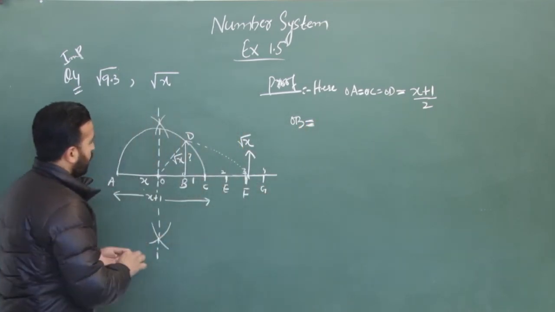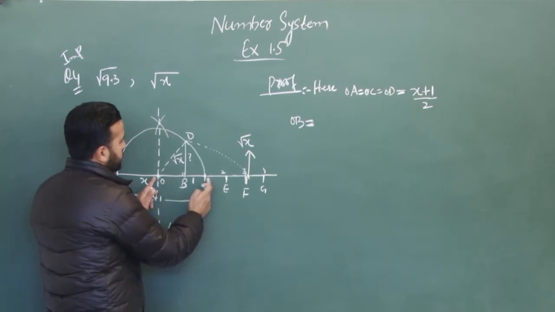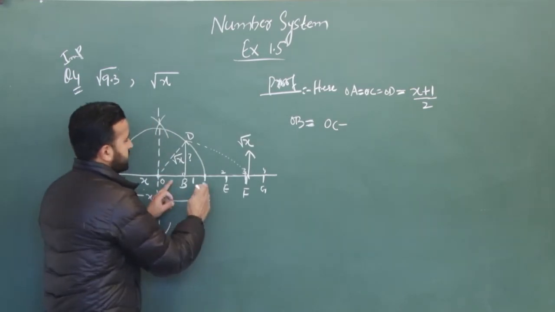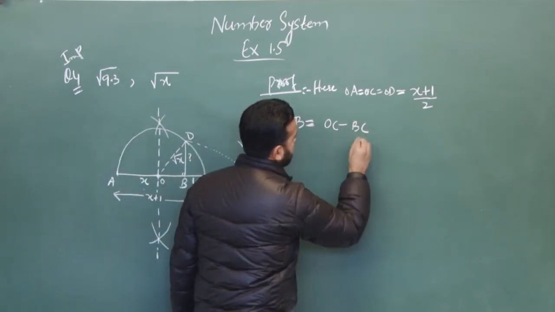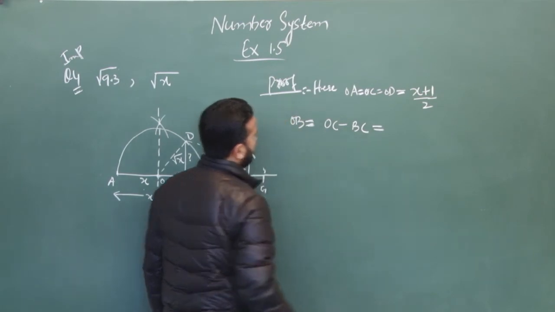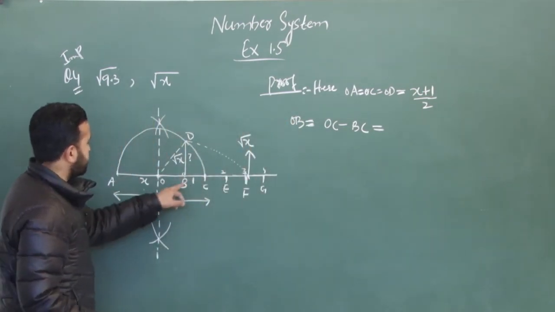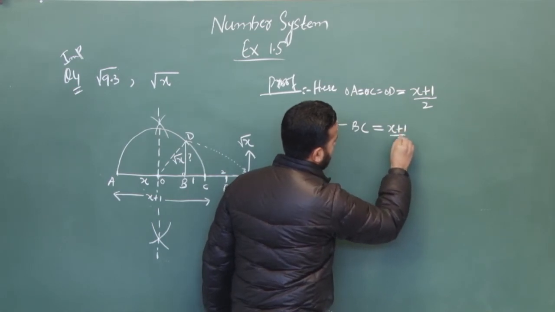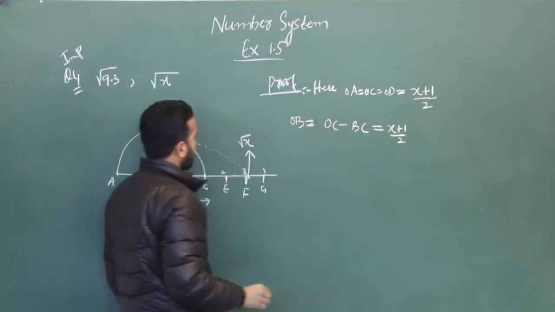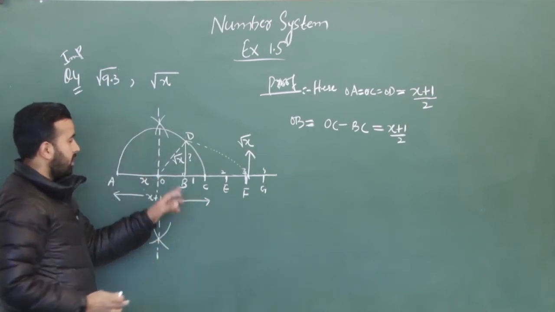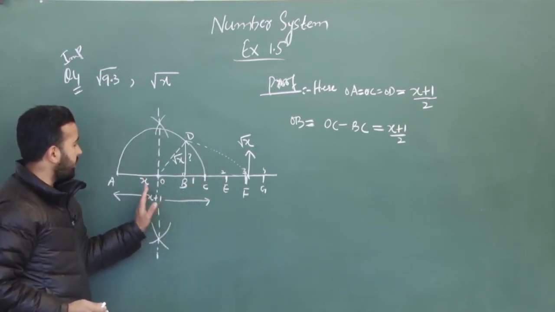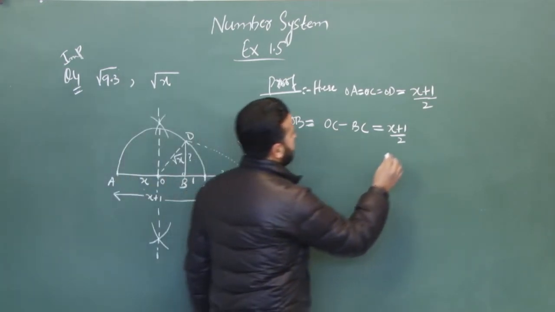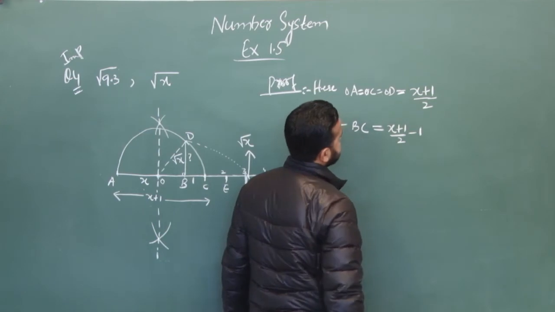You can see OB is simply OC minus BC. OC we know that is x plus 1 divided by 2. And what about BC? As we extended the number line AB on the right side by the unit length, the length of BC can be taken as 1.